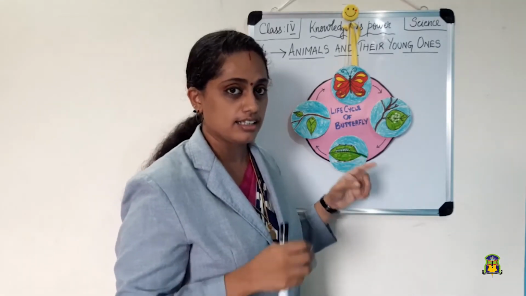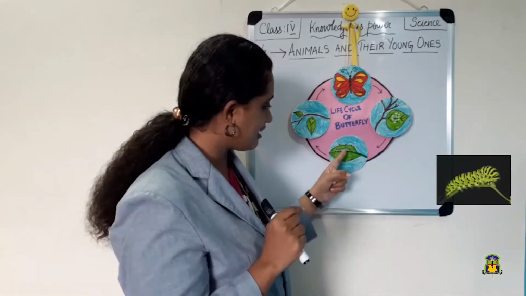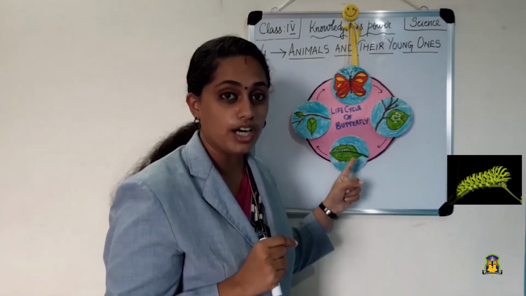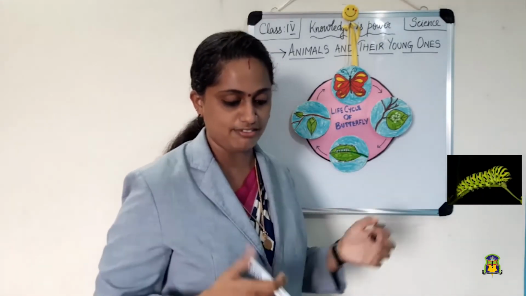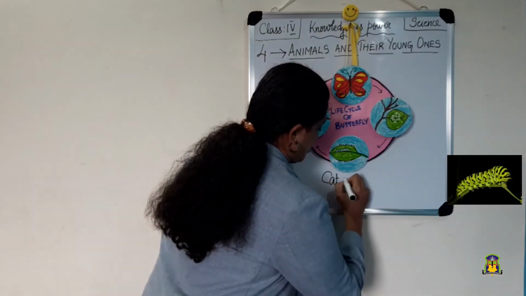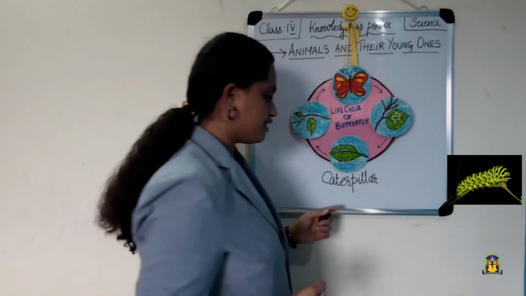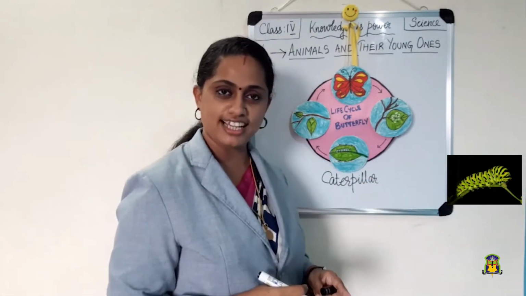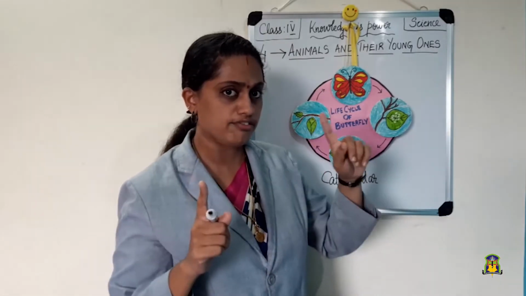The larva looks like a small worm. The larva of a butterfly is called a caterpillar. I know that all of you know this term. I told you that houseflies also have 4 stages.